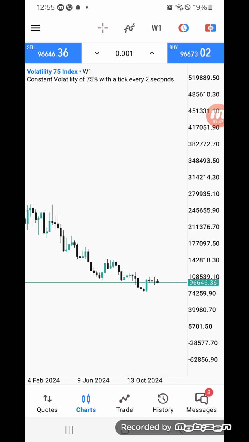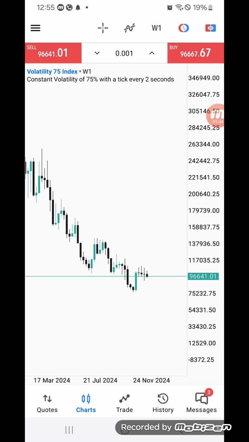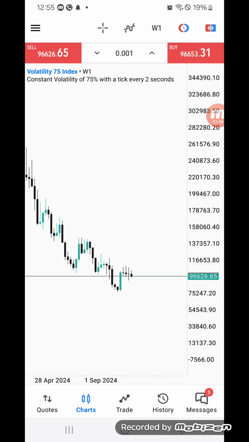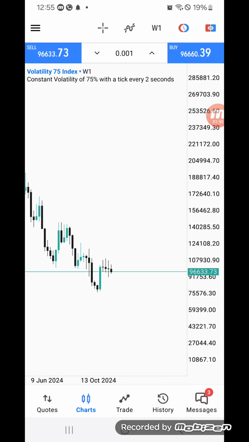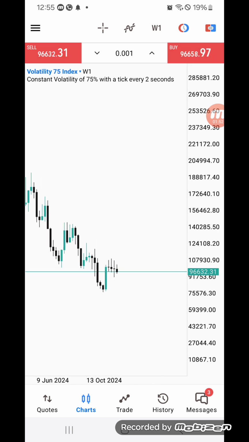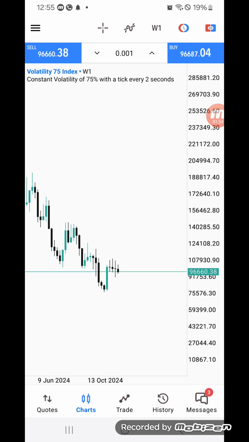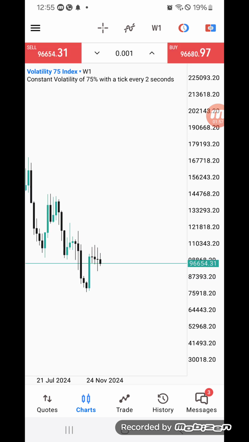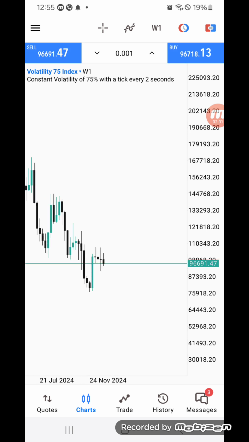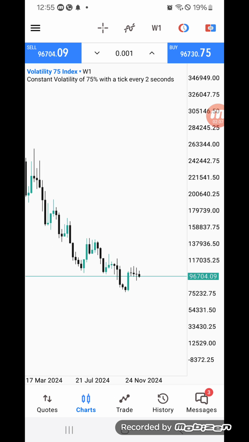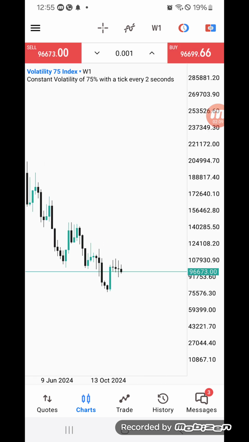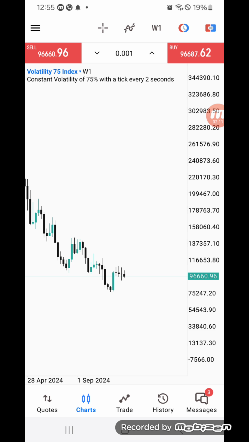And the weekly time frame is whereby we are able to see the bias of the market, and we'll be able to know also the interest points, whereby we are able to see the market react. The other thing you need to see on the weekly time frame or the higher time frame is the formation of the market structure.